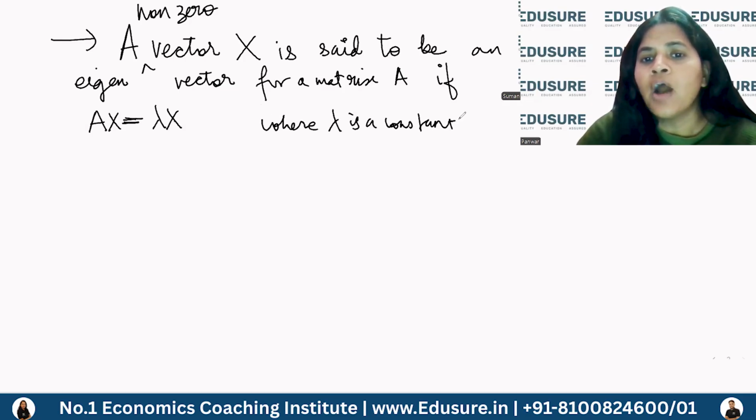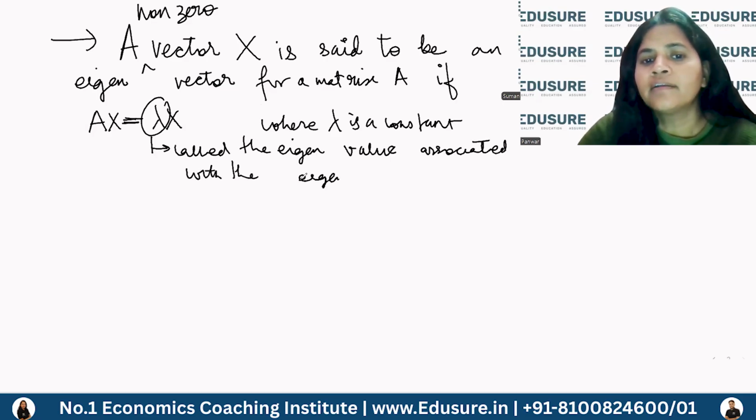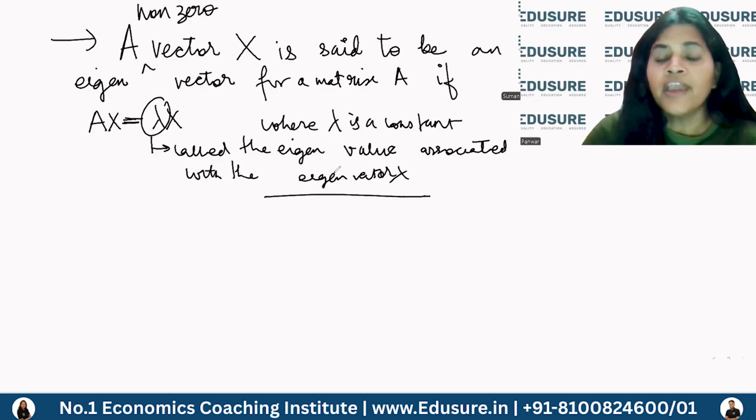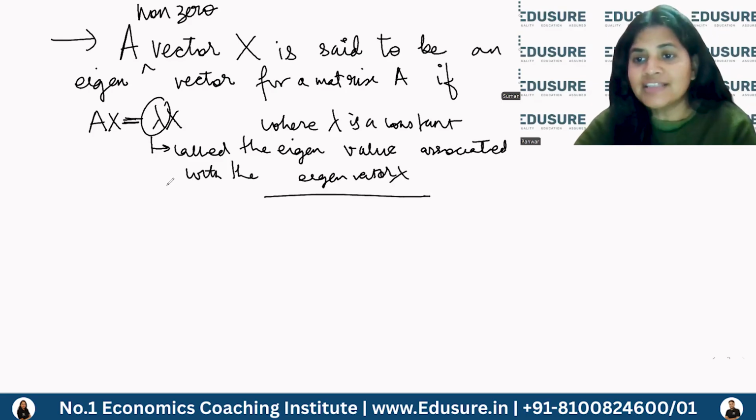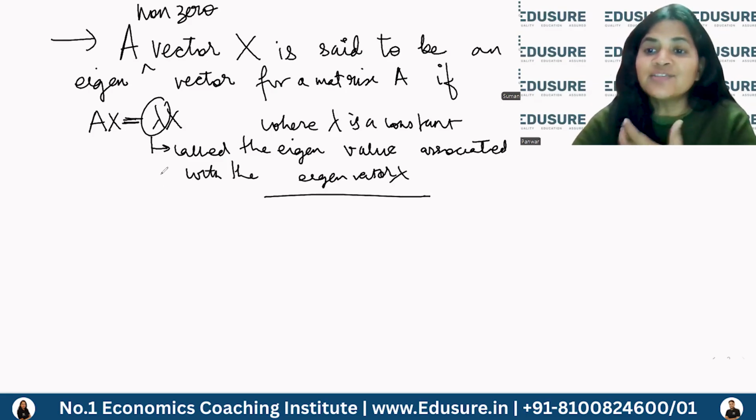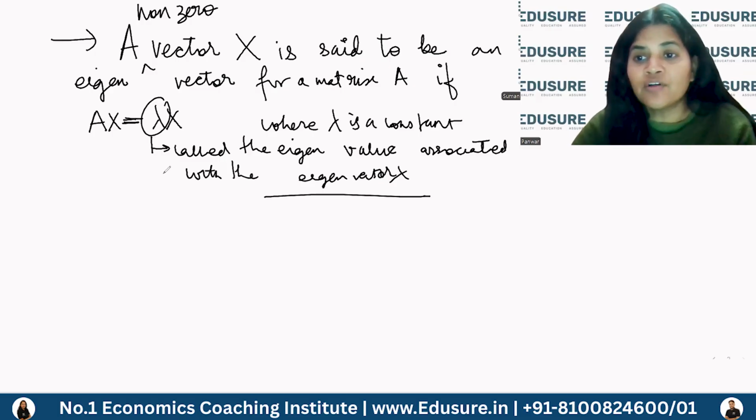This lambda is called the eigenvalue associated with the eigenvector x. So if we are able to find a non-zero vector x such that Ax is equal to lambda x, that x is called the eigenvector and this corresponding lambda is called the eigenvalue.